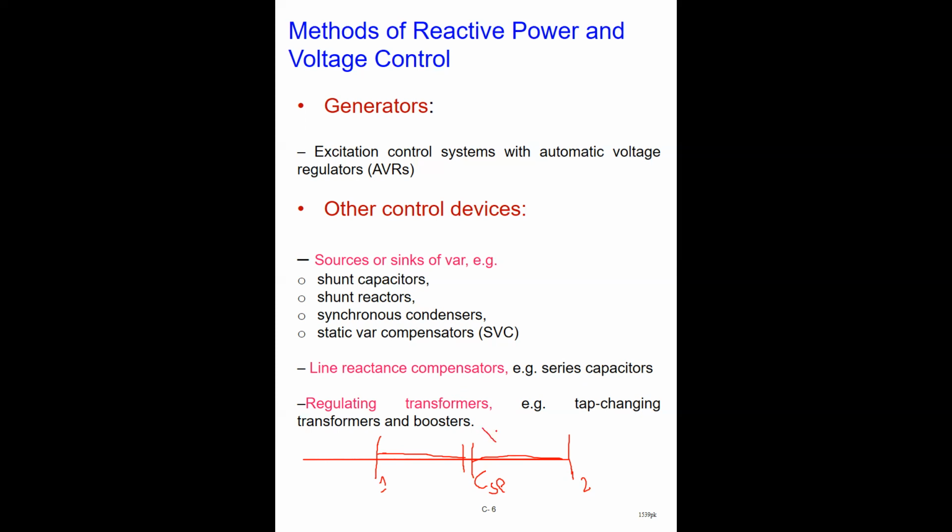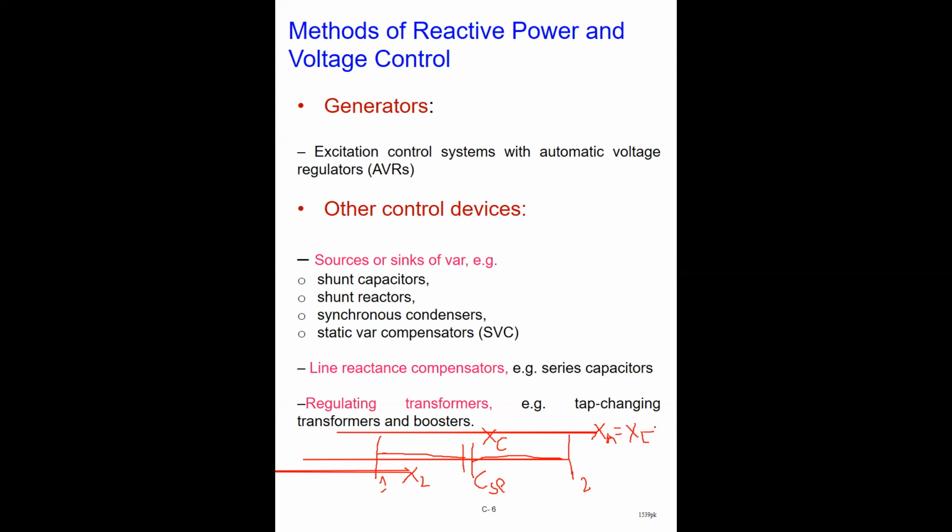This could have some capacitive reactance XC of the series capacitor. And let's say the total line inductance is XL. So what is the net reactance of the line? It will be XL minus XC.